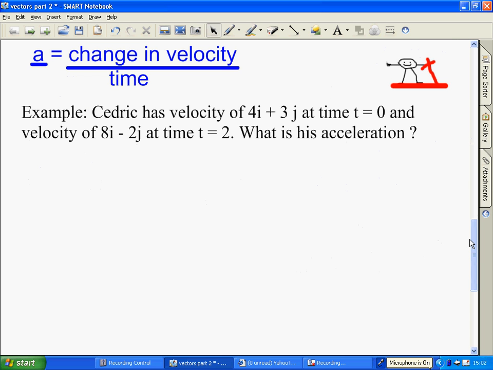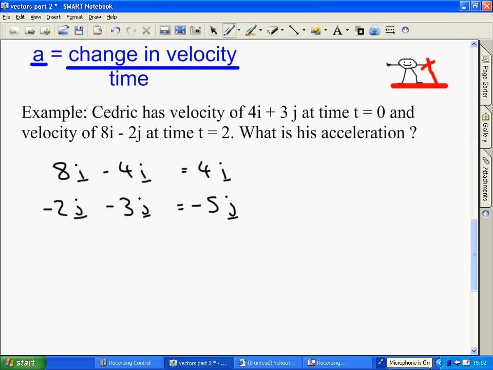Has constant acceleration. So we're looking at the change in velocity, and we end up with 8i, we start with 4i, so the change there is 4i. We end up with minus 2j, we start with 3j, so the change there is minus 5j.